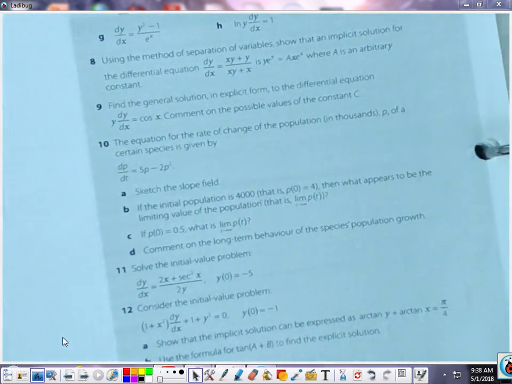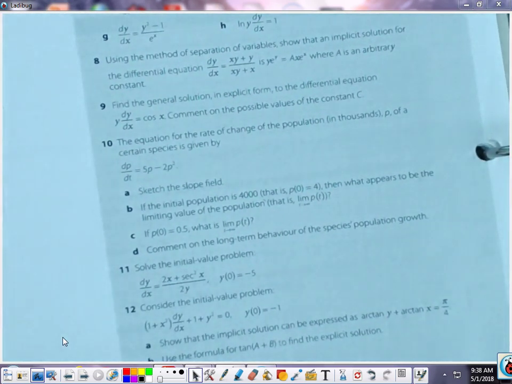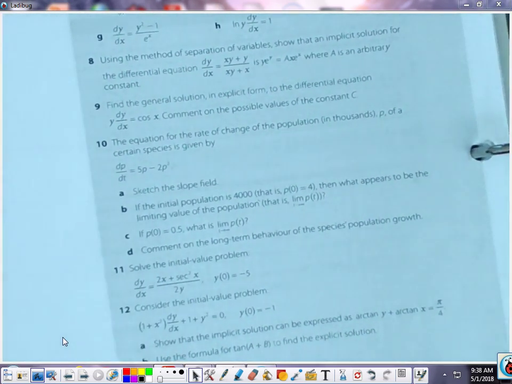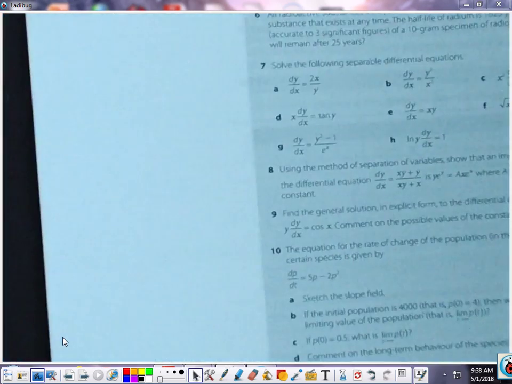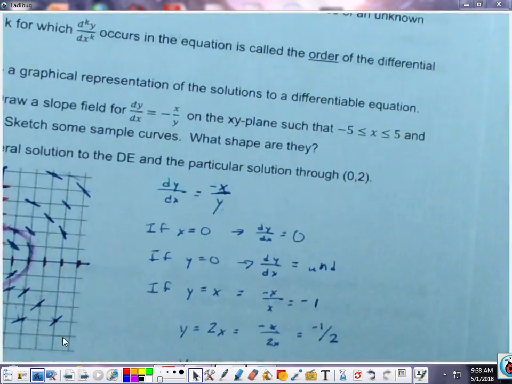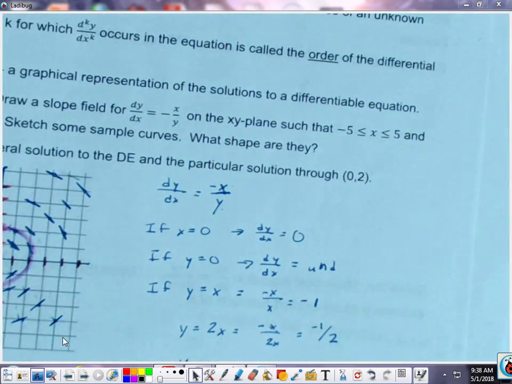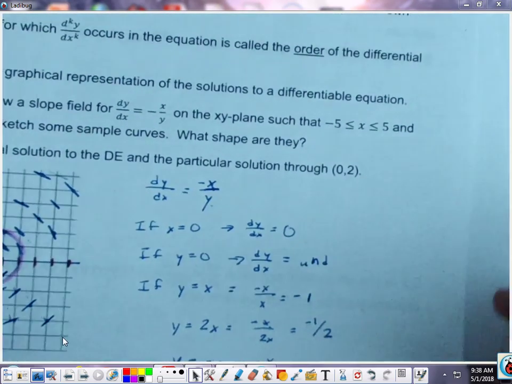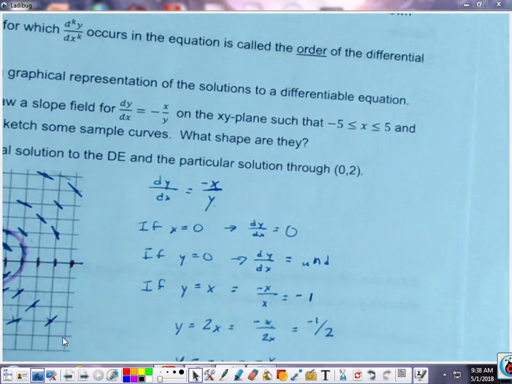Do you have questions on any of the ones that weren't slope fields? So not 5, 10, or 14, which might not have left much. 12 and 7F.